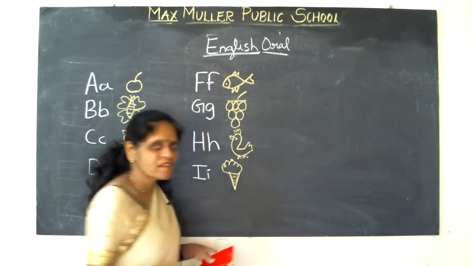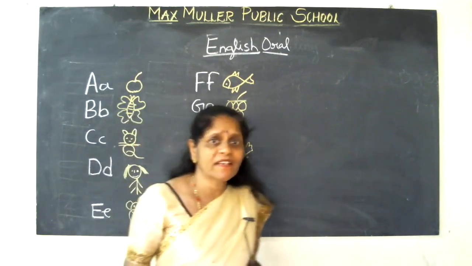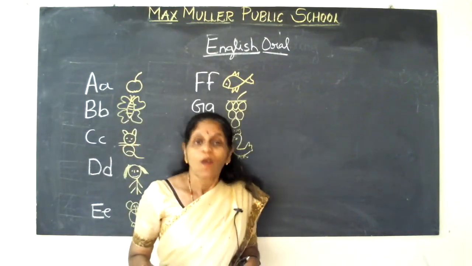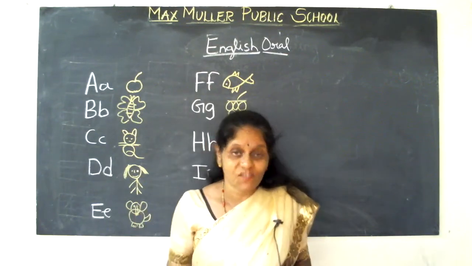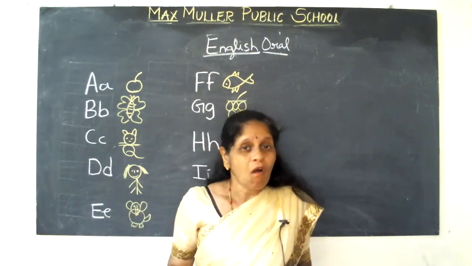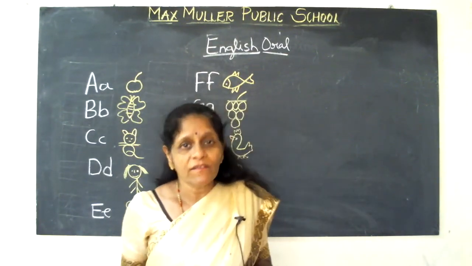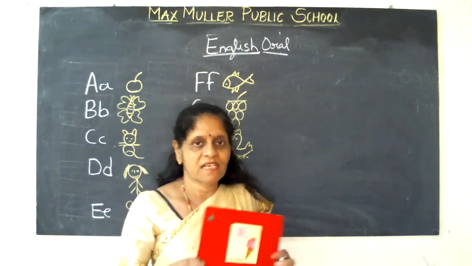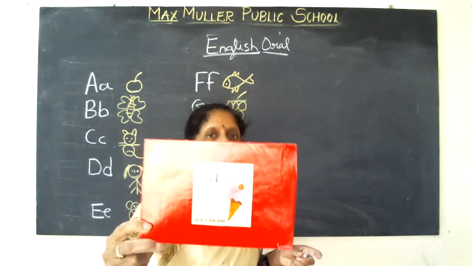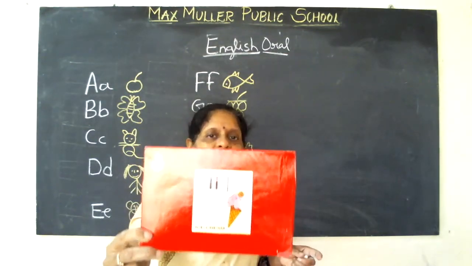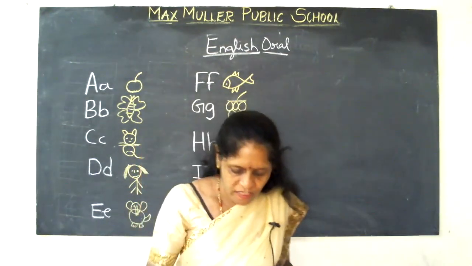Children love ice cream, right? You like ice cream, right? Which are the flavors? Vanilla, strawberry, chocolate, all the flavors you like. So, I for ice cream. Once again, repeat. Capital I, small i. I for ice cream. Okay, children.